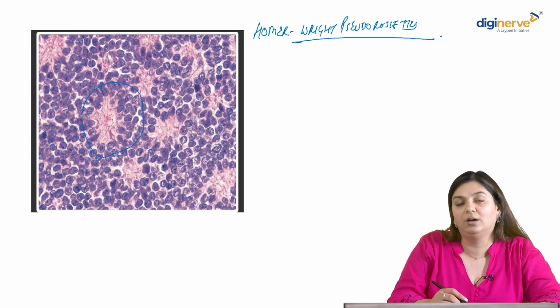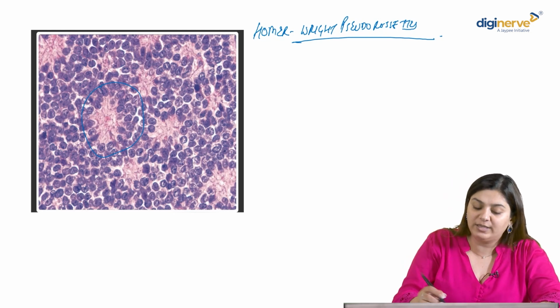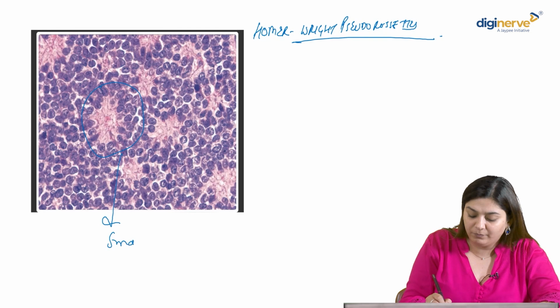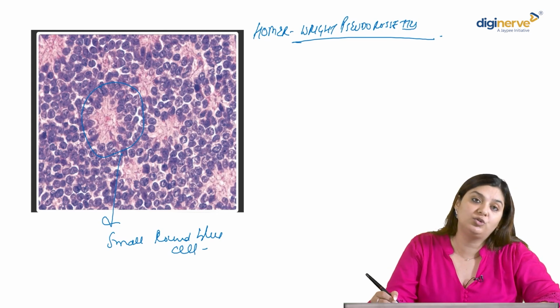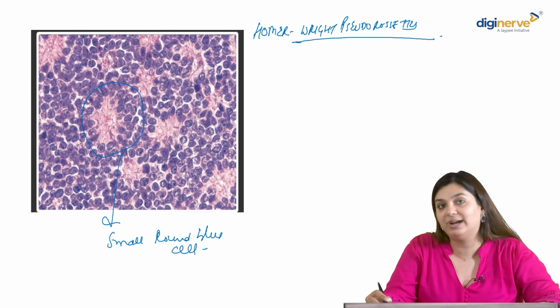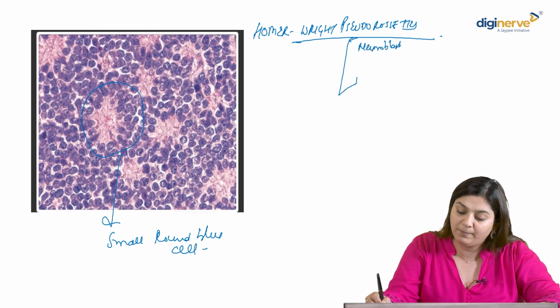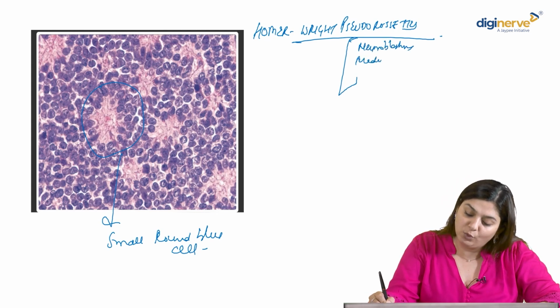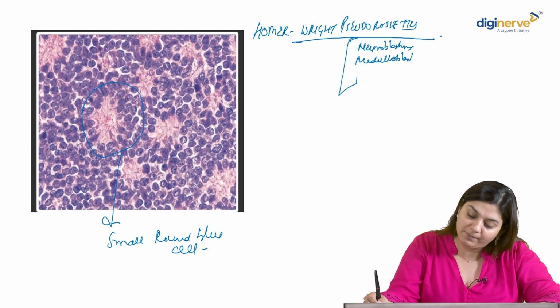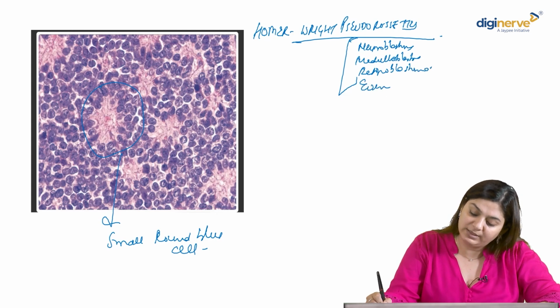All the tumor cells are arranged, and all these tumor cells are nothing but small round blue cells. Now there are other conditions also in pathology where we've studied Homer Wright pseudo rosettes. They were neuroblastoma, medulloblastoma, retinoblastoma, and Ewing sarcoma.